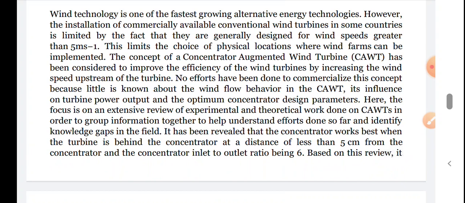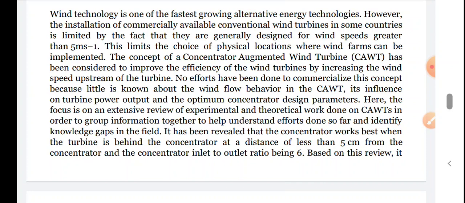But since it is not commercialized at a large scale, why? Because the wind flow behavior in these CAWT is not known accurately, and also its influence on the turbine power output and the optimum concentrator design parameters are not known clearly.